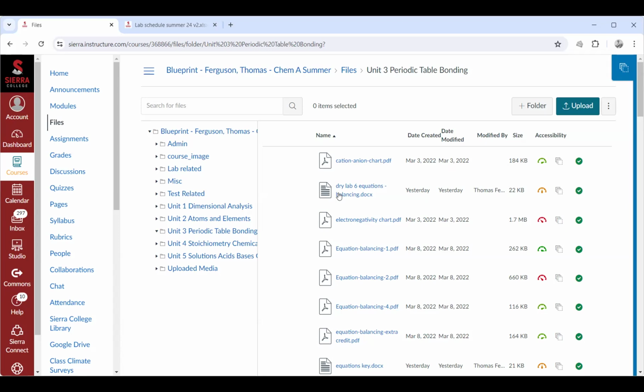In lieu of it, yeah. Dry lab 6. Okay, so does that make sense? We're doing this one instead of the one in your lab packet. It's similar, but this one will give you more practice.